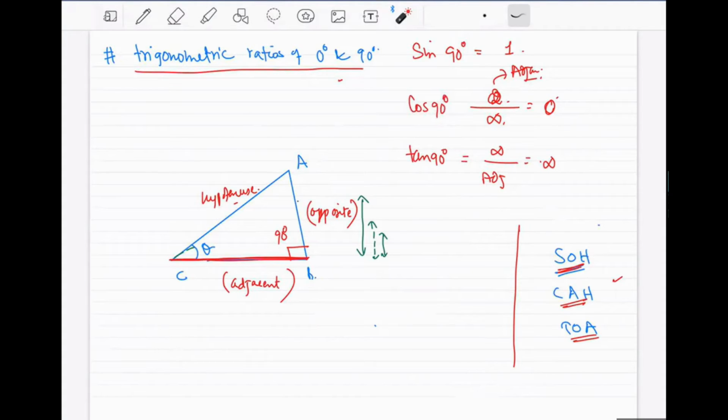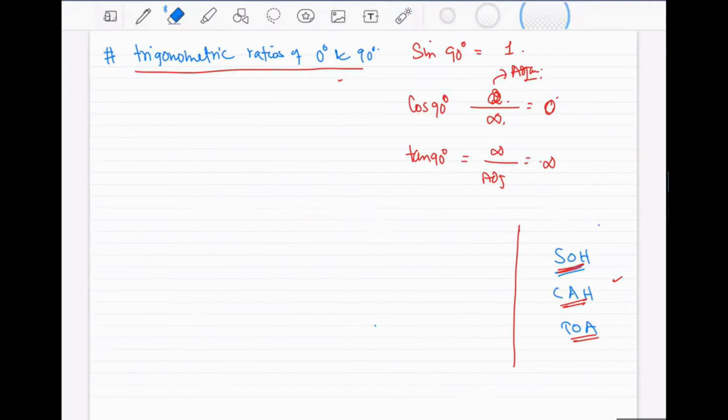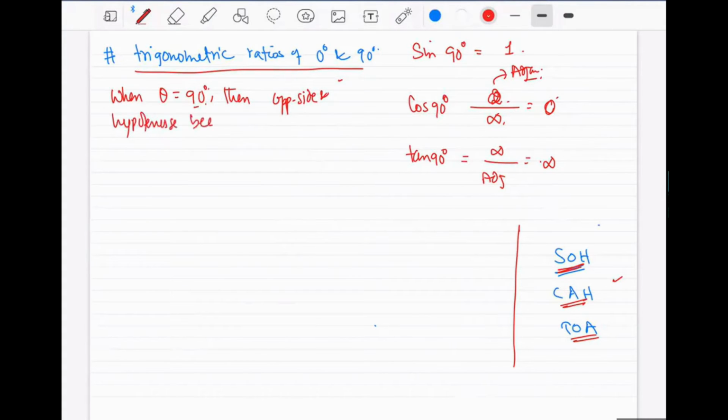So you can write down the values on the side. You just say here, when theta is equal to 90 degree, then opposite side and hypotenuse become very large.